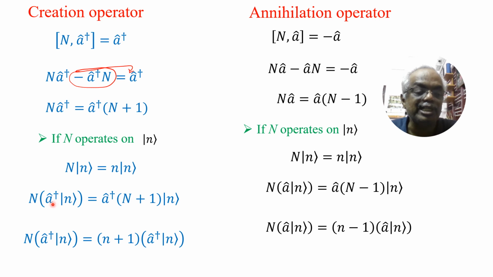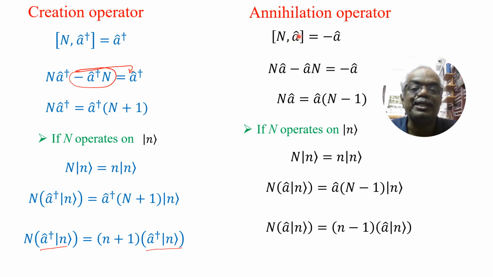Now n a dagger you have taken on the right hand side, a dagger n plus 1. So when the number operator acts on ket n, it produces the eigenvalue n plus 1. This is a number I am taking in front, so a dagger I am keeping out. Here you can see a dagger and here a dagger ket n. So when the creation operator acts on ket n, it gives the eigenvalue n plus 1. So a dagger ket n will become ket n plus 1.